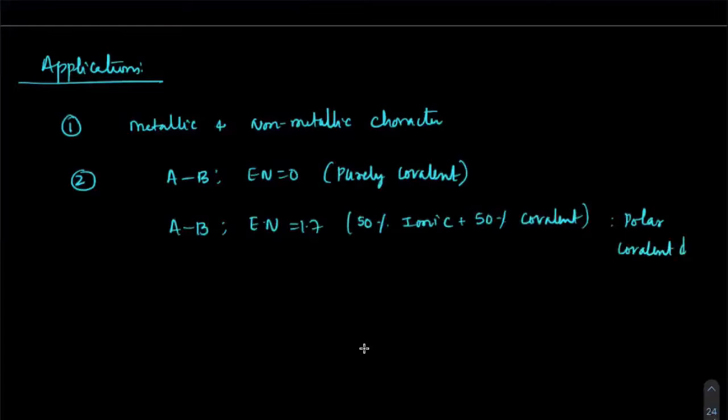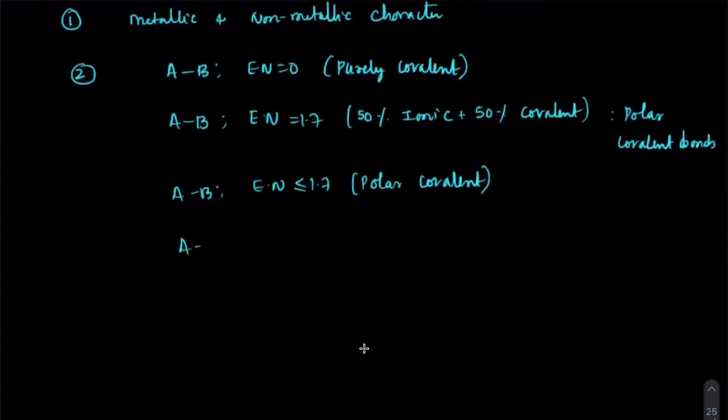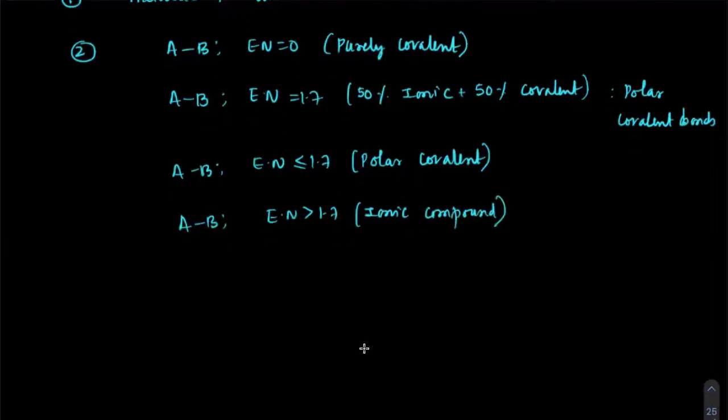So between A and B, if the electronegativity difference is less than or equal to 1.7, we call it polar covalent. If the A-B electronegativity difference is greater than 1.7, we call it an ionic compound or ionic molecule, which means it has more ionic character.